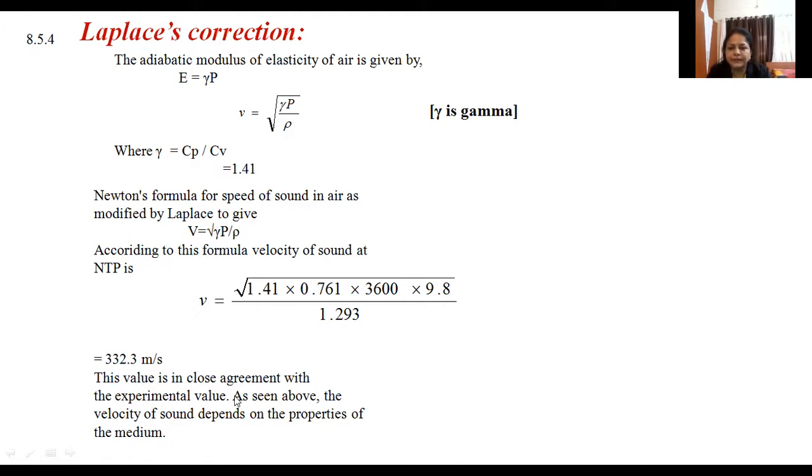So this is the Laplace correction to Newton's formula.